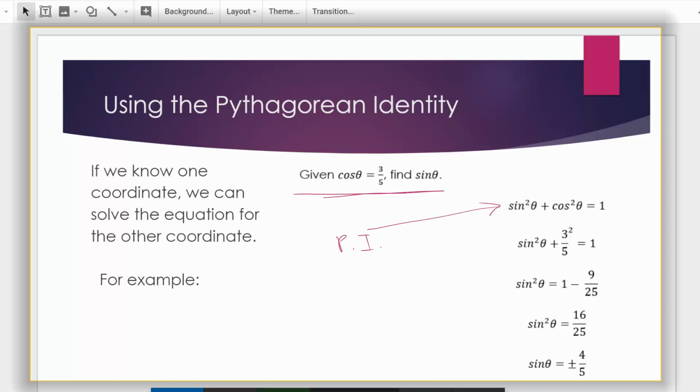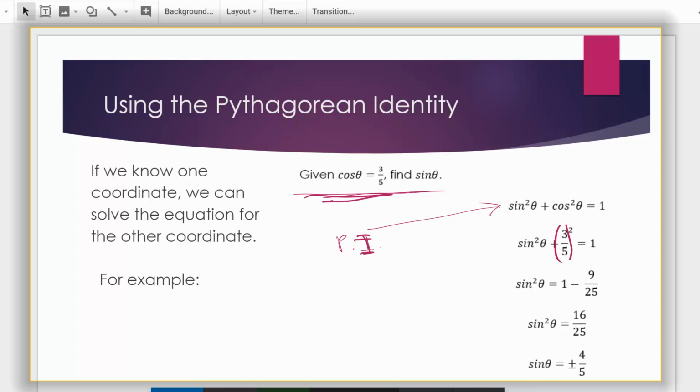So the Pythagorean identity is sine squared theta plus cosine squared theta is equal to 1. If we know that cosine is 3/5, we can substitute that in here and solve for sine.